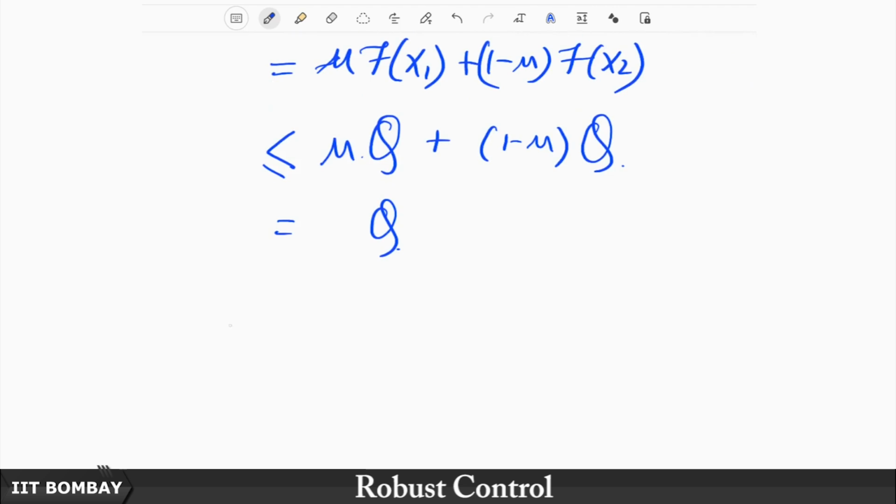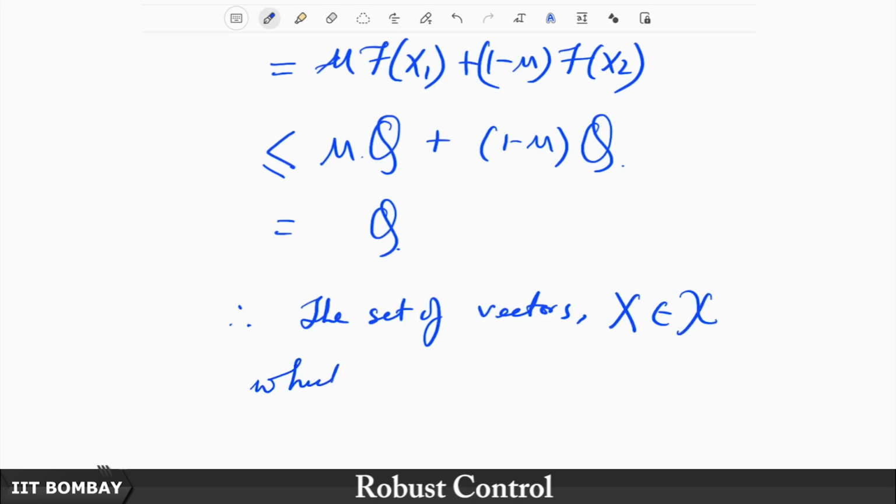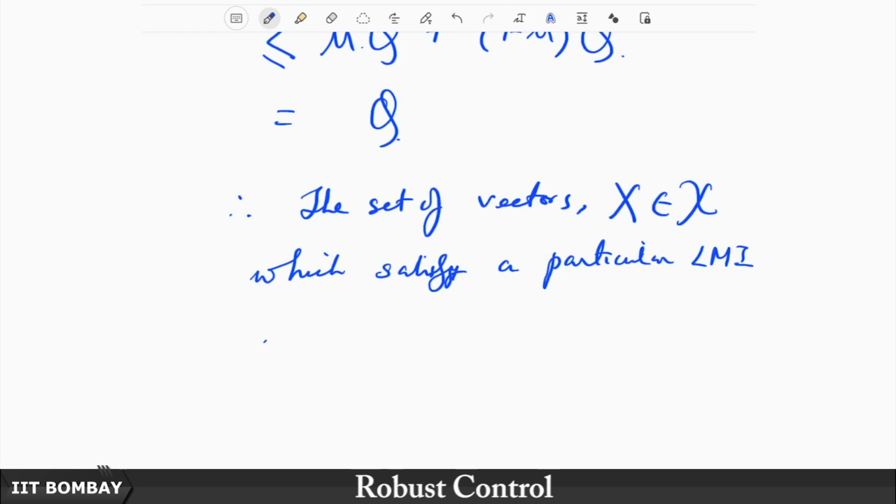So, therefore, the set of vectors x belonging to this vector space x which satisfy a particular LMI is a convex set.